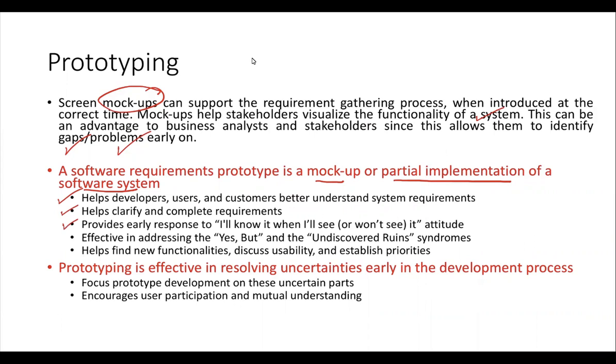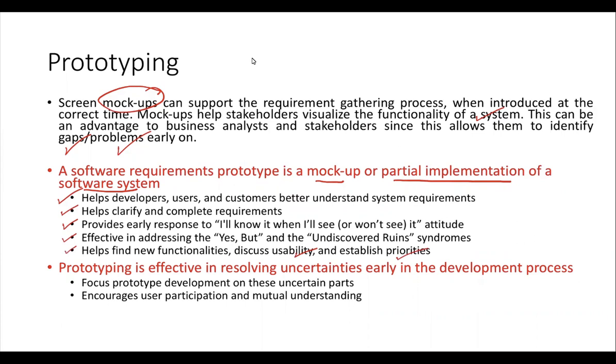It provides early responses to questions like "I will know it when I see it." It is very effective in addressing the "yes, oh no, but" moments, those undiscovered needs. Also, it helps find new functionalities and discuss usability and, of course, establish prioritization of the requirements.